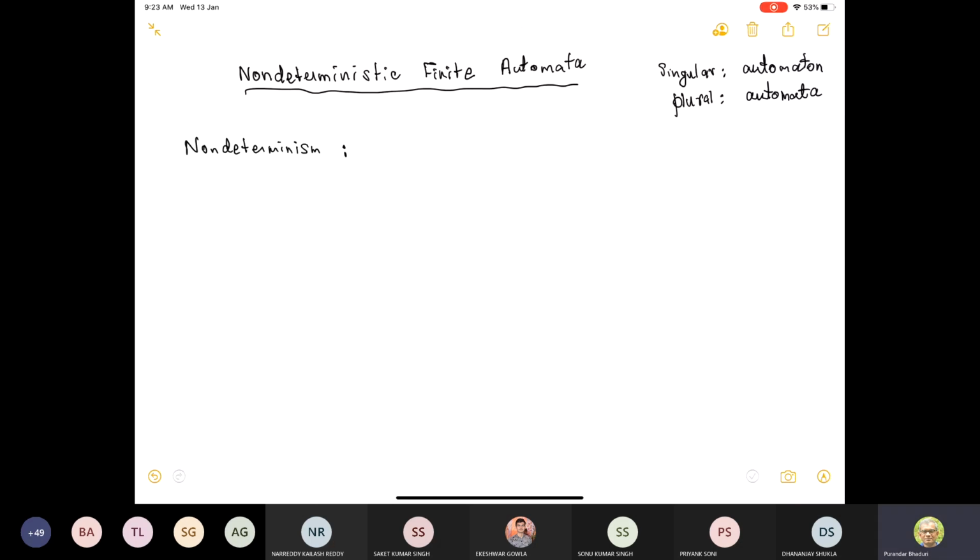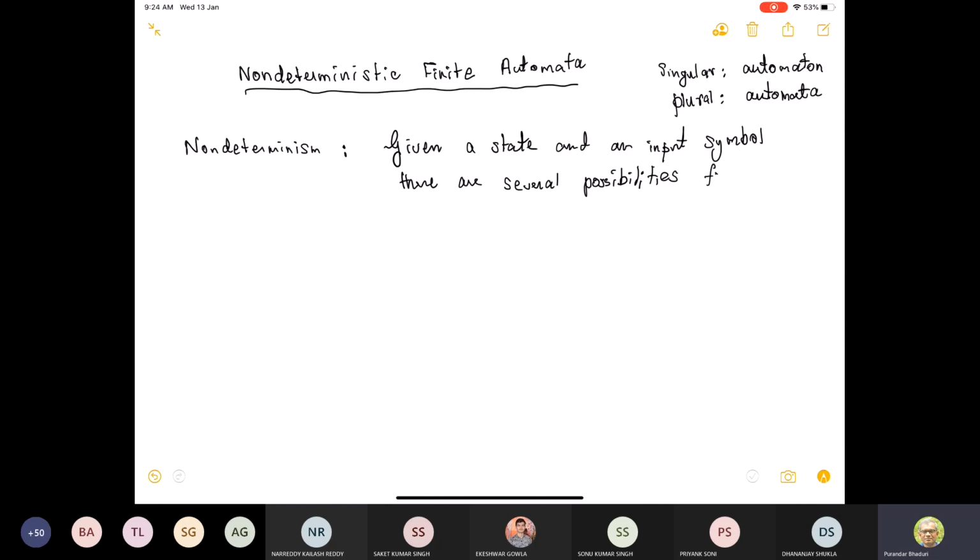Well, the difference here is, given a state and an input symbol, there are several possibilities for the next state.